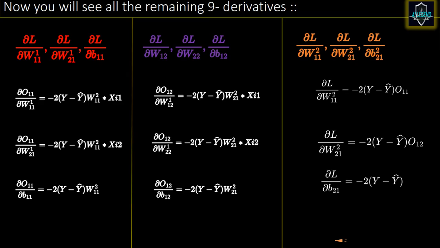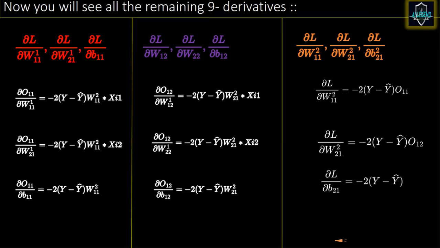Second term is ∂L/∂W122 is equal to minus 2 times (y minus y hat) W221 multiplied by xi2. Then the third term will be ∂L/∂B12 is equal to minus 2 times (y minus y hat) multiplied by W221. So finally we find all the 9 trainable parameters here.